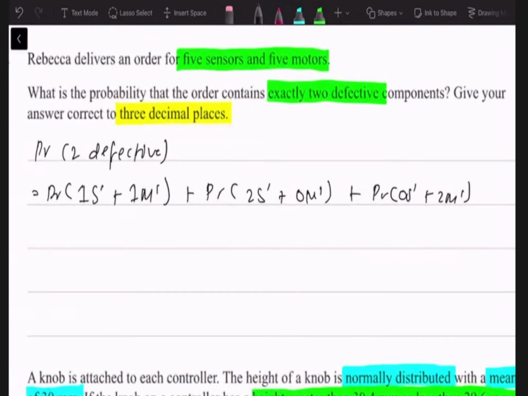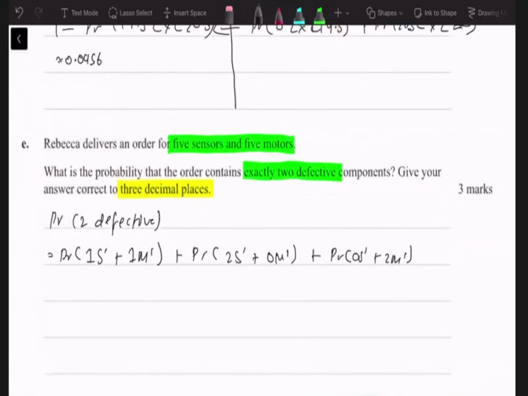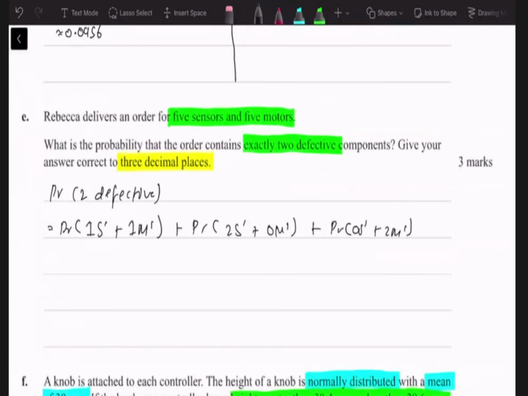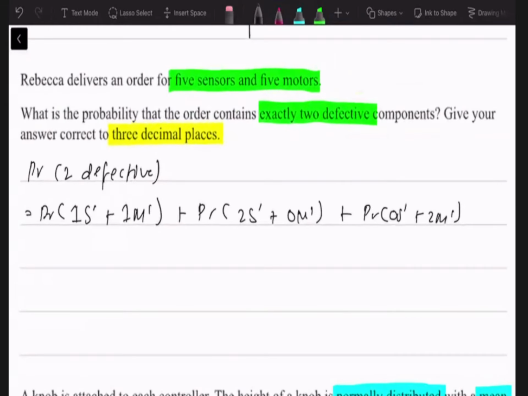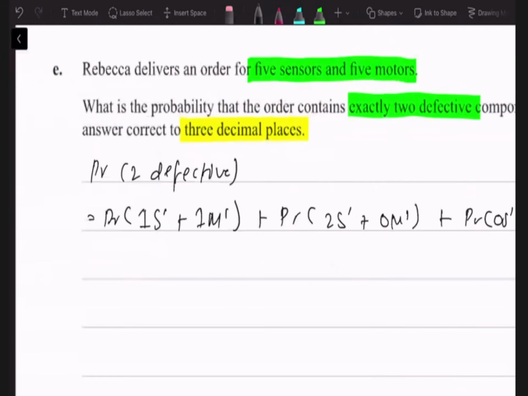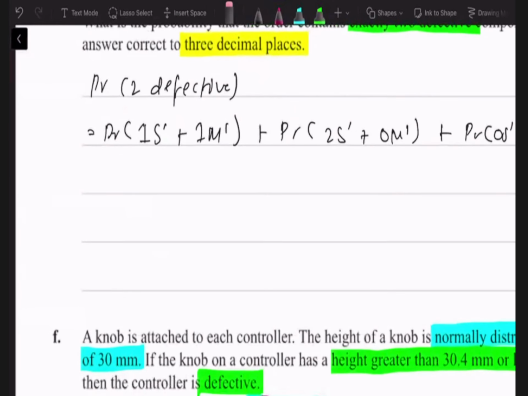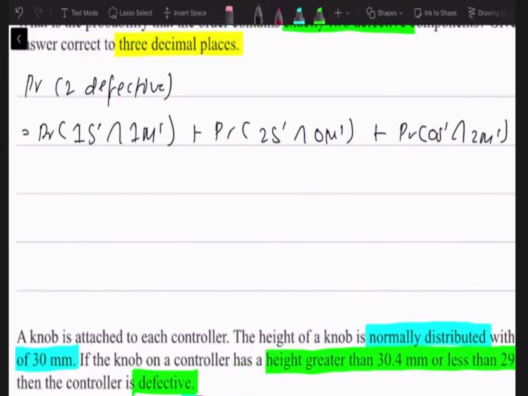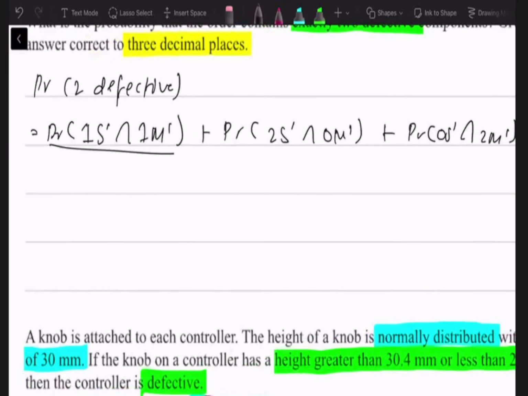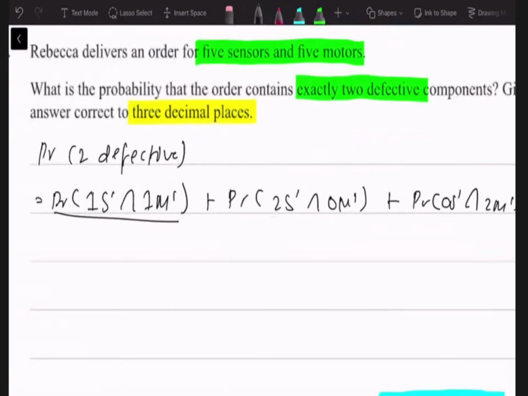So for this, we've transitioned into binomial distribution again, but it's a bit weird. So this is going to be an intersection. It's not actually plus, it's intersection. So all you have to do to find the value of one of these is just get the probability.